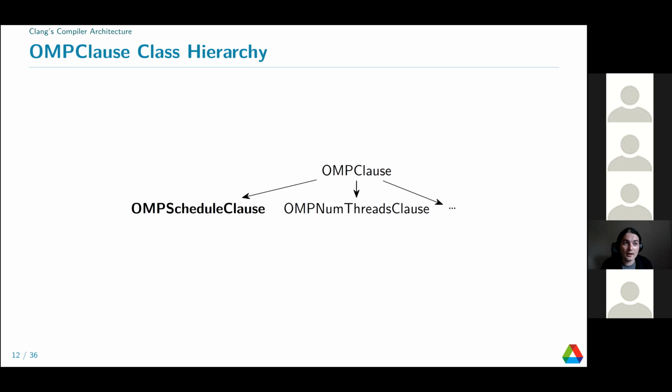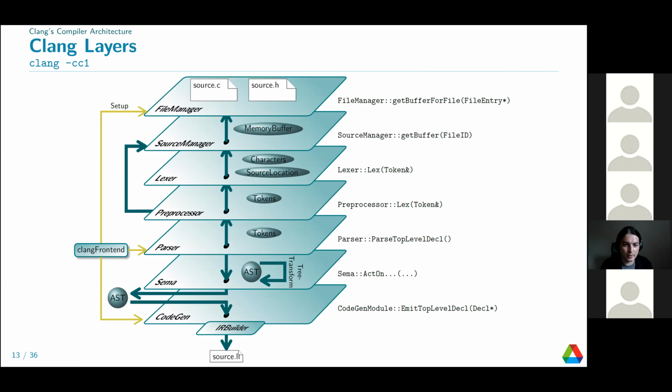This is why the implementation makes a lot of use of the visitor pattern, which is used, for instance, when these AST nodes need to be dumped by the dump command, or serialized and deserialized for C++20 module support. This is a rough architecture of Clang itself, the layers it's split into.